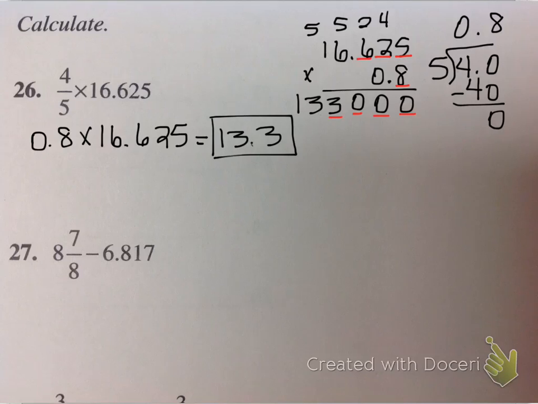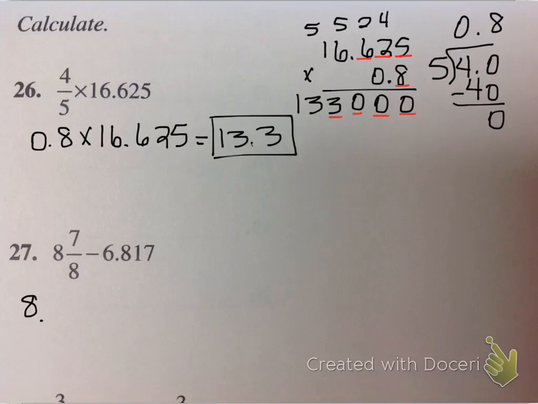The next one, number 27, we're not going to solve the whole thing. I think you get the idea. But recall, I just want to review very quickly, when you have a mixed number, you're going to want to convert that to an improper fraction and then do your division. Or you can think of this as 8 and then divide 7 divided by 8 and get the remainder of that decimal.